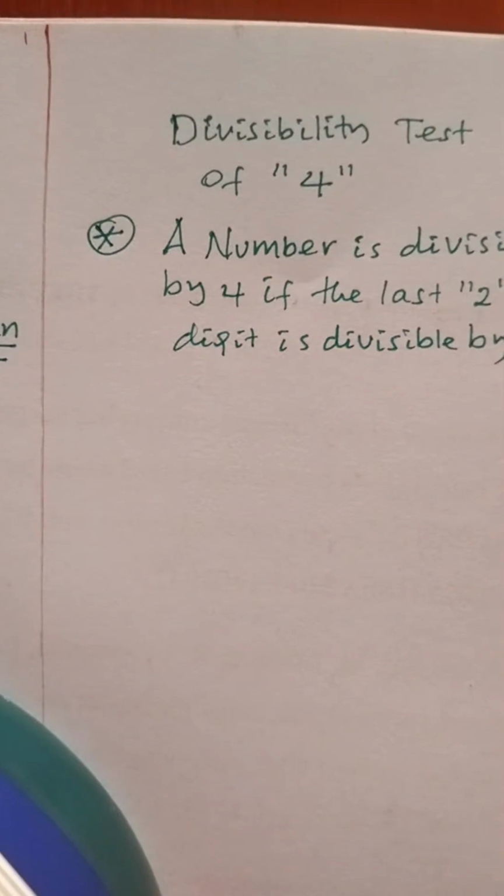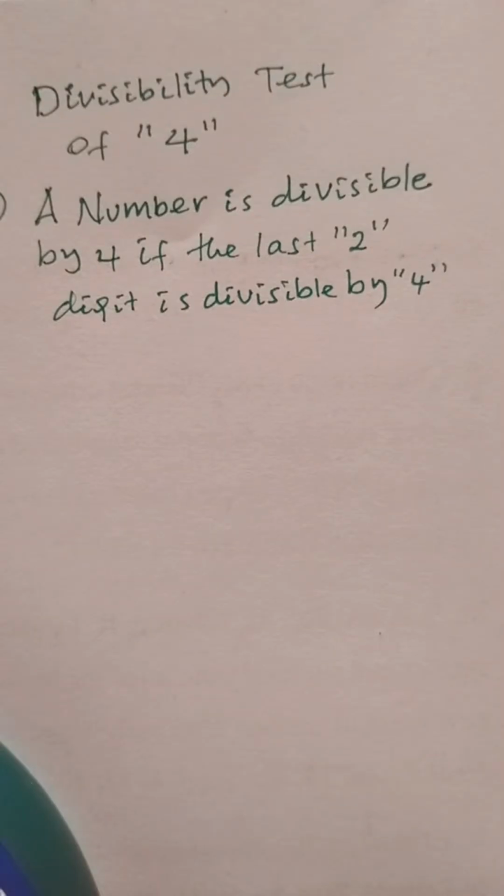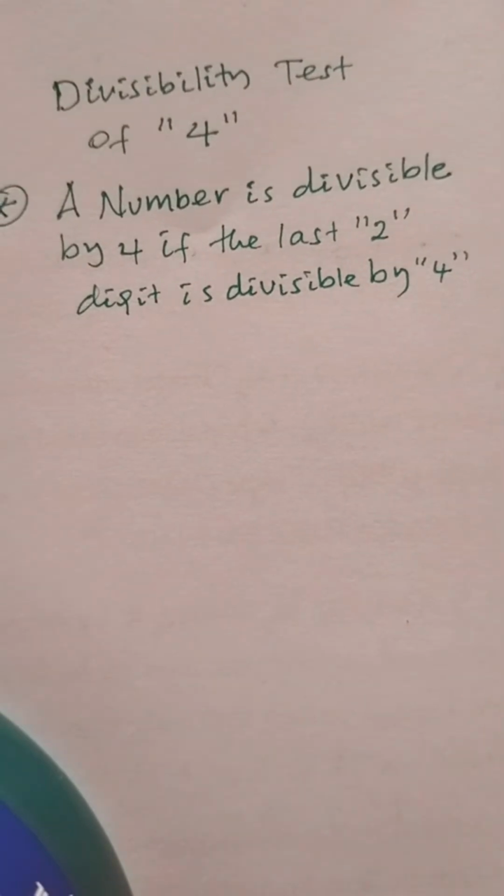You get it? If the last two digit number is divisible by 4, the whole number is divisible by 4.